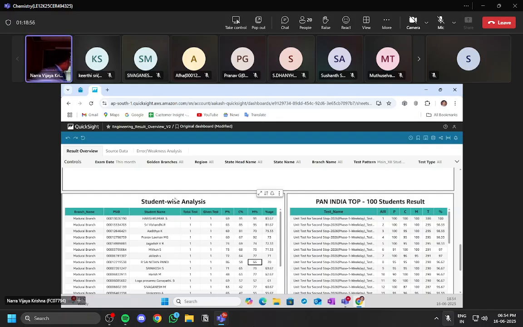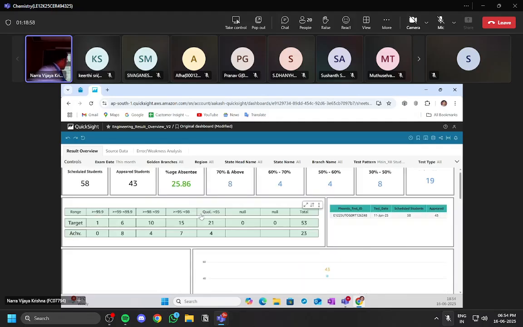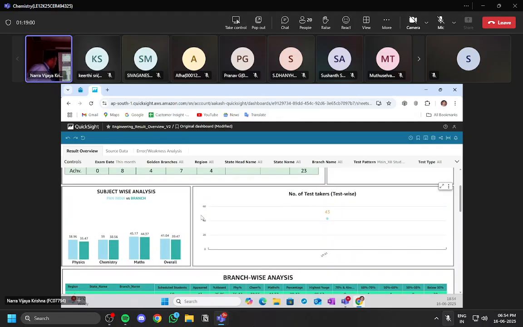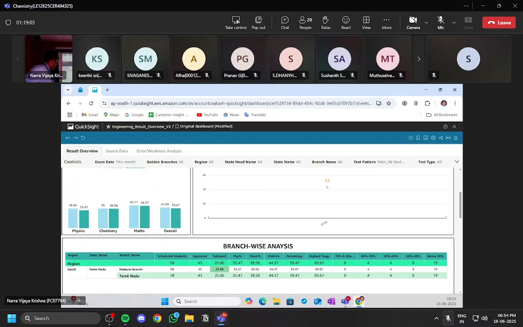Now I will see your batch average. Your batch average in chemistry, obviously it shows chemistry marks are low. 38.96, 35.47, 39, 38.56. Less than national average, means waste. 45.17, 44.37, 41.04, 39.47. Means all subjects waste only. In every subject you got lower than national average.